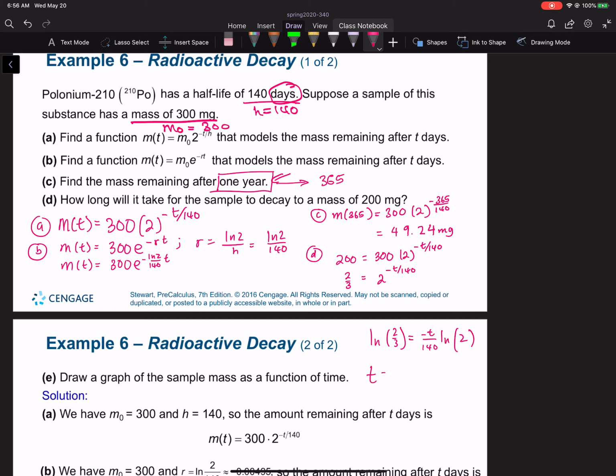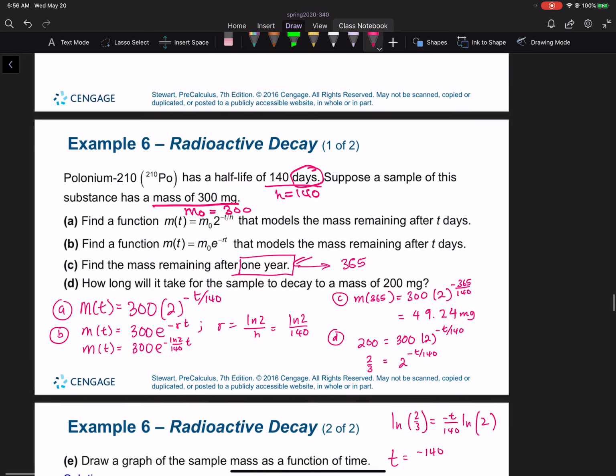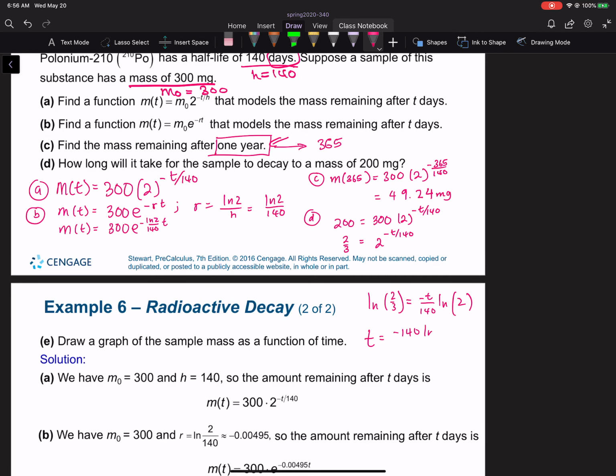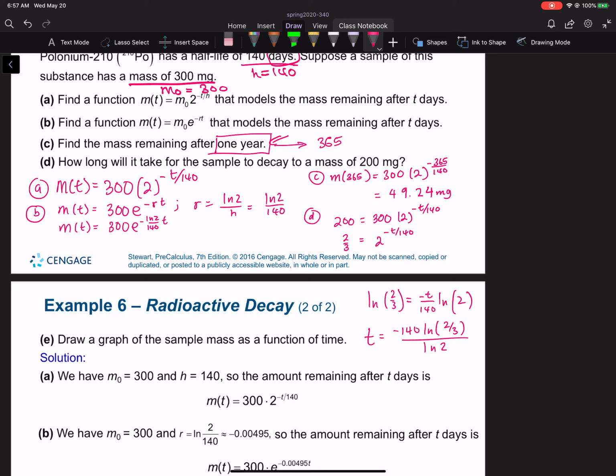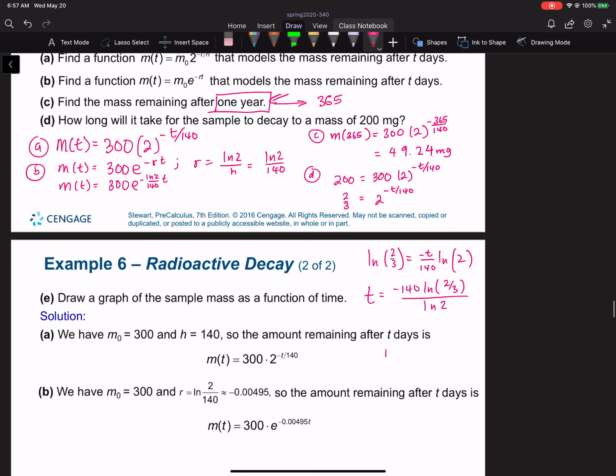So t is the same as negative 140 ln of 2/3 divided by ln 2. And when you calculate that, t is equal to 81.89.